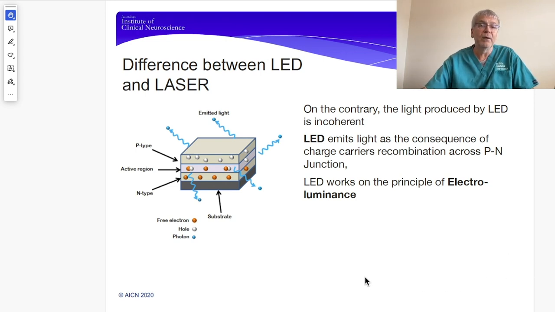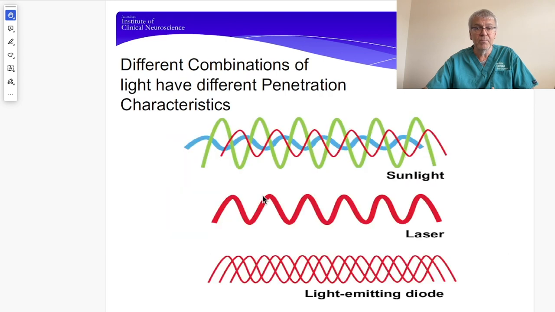The P layer is here, the N layer is here, and when we put these two plates together, we get an active generation of light when we pass a current through. But the light, you'll see, goes in different directions, so it's not coherent.